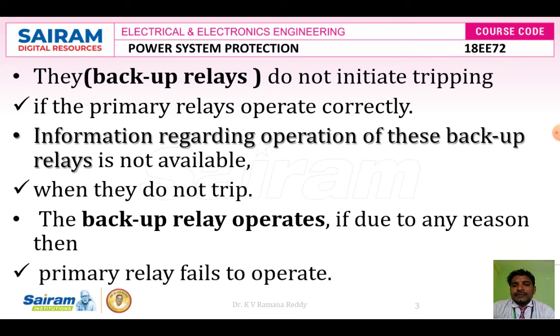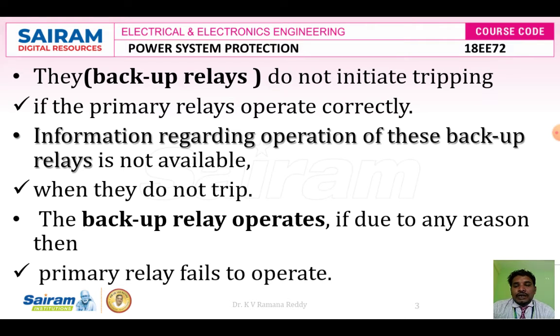Therefore, information regarding operation of these backup relays is not available when they do not trip. The backup relay operates if, for any reason, the primary relay fails to operate. So whenever a problem takes place in any one zone of protection, definitely the primary relay has to operate, and it gives the command signal to the circuit breaker to trip it.